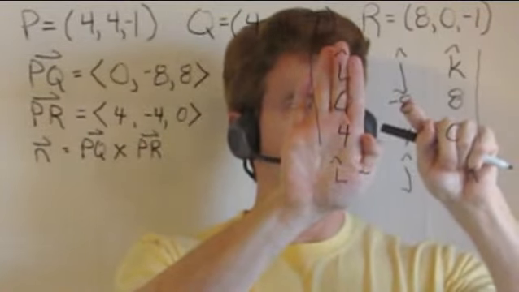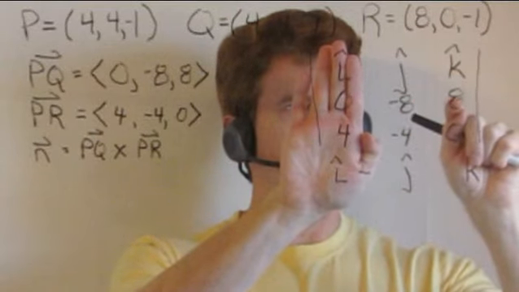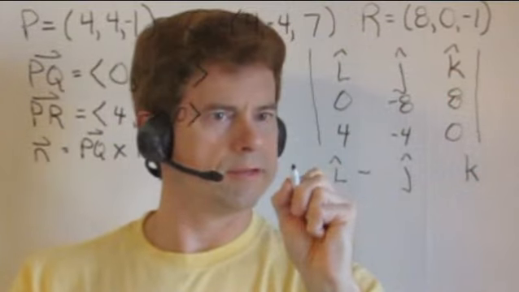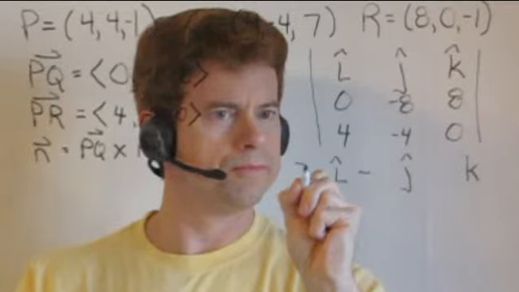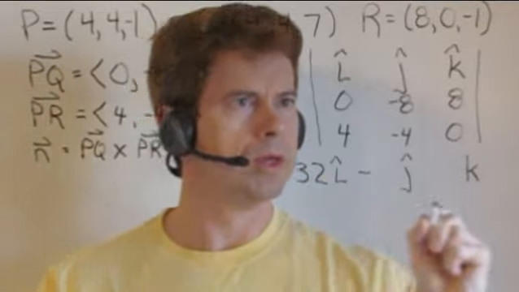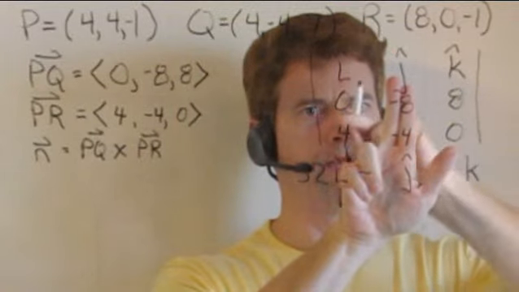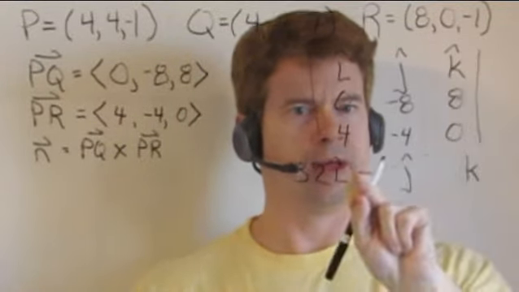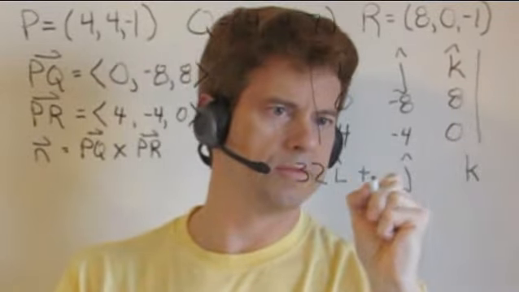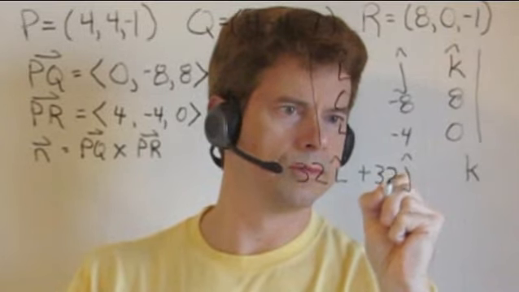So to begin with our I, we've got 0 minus a negative 32. So that gives us positive 32. And for the J, we've got 0 minus 32, and that's a minus, so that gives us positive 32.